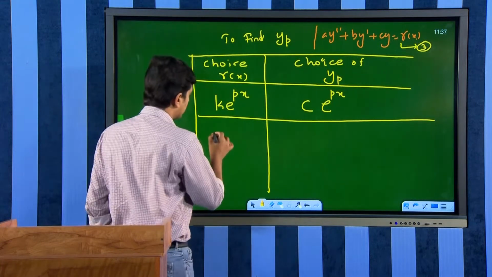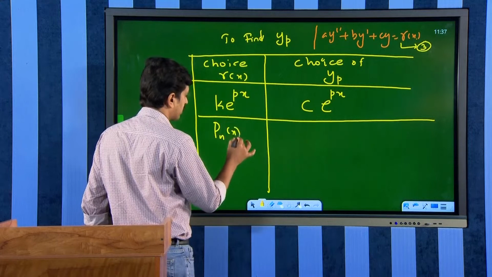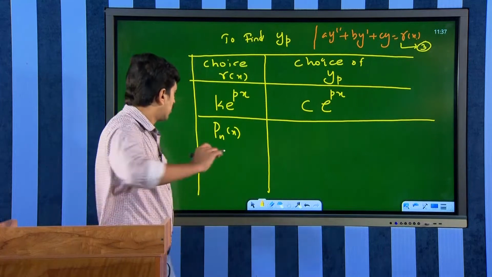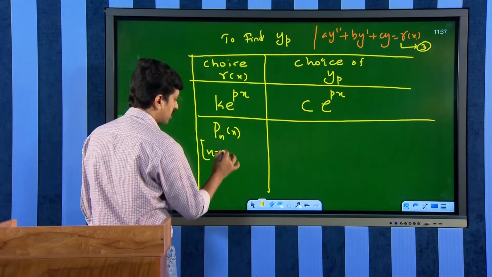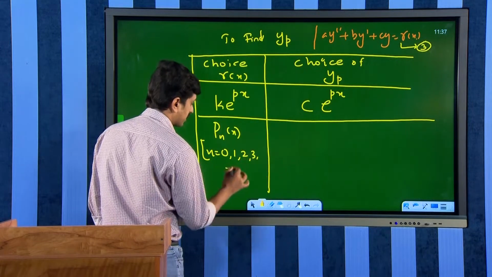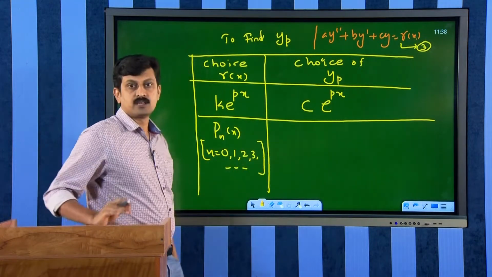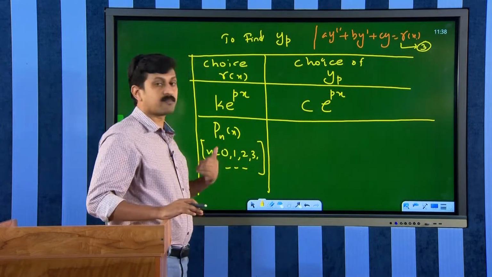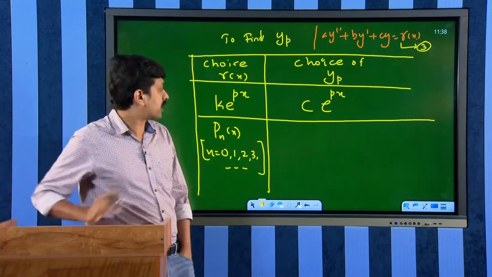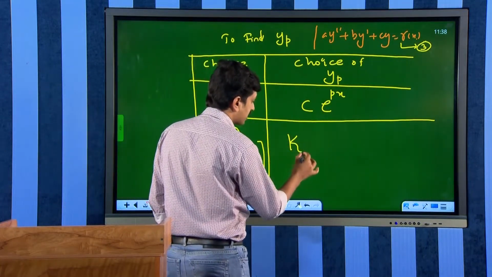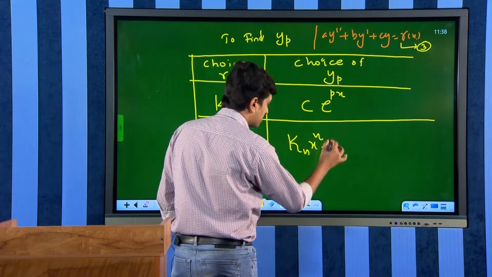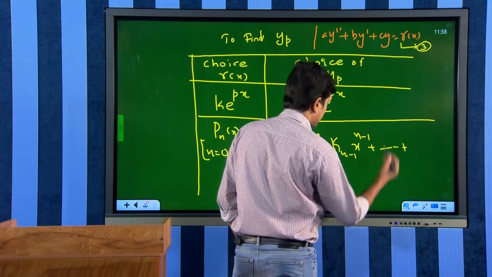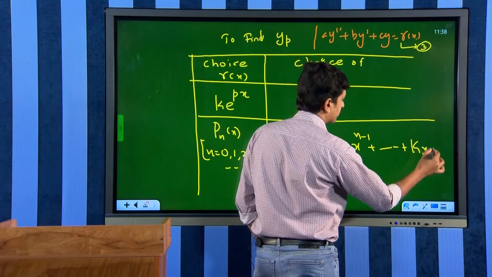Suppose it is equal to p n of x, the general nth degree polynomial, where n is equal to 0, 1, 2, 3, etc. See, if p n of x is a polynomial, then we can write the corresponding choice of y of x as k n x raised to n plus k n minus 1 x raised to n minus 1 plus etc., plus finally k 1 x plus k naught.